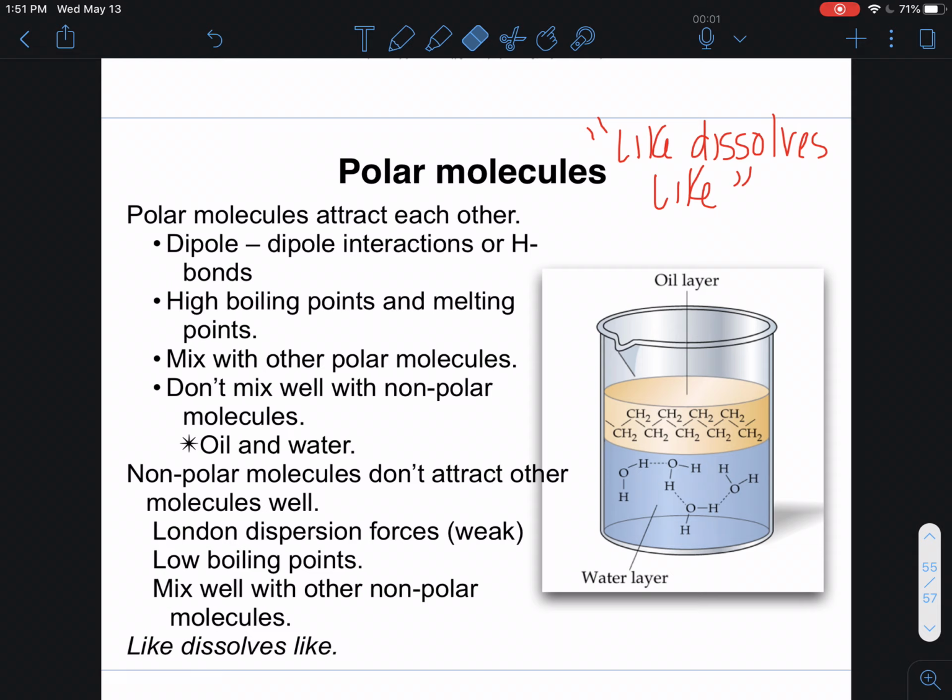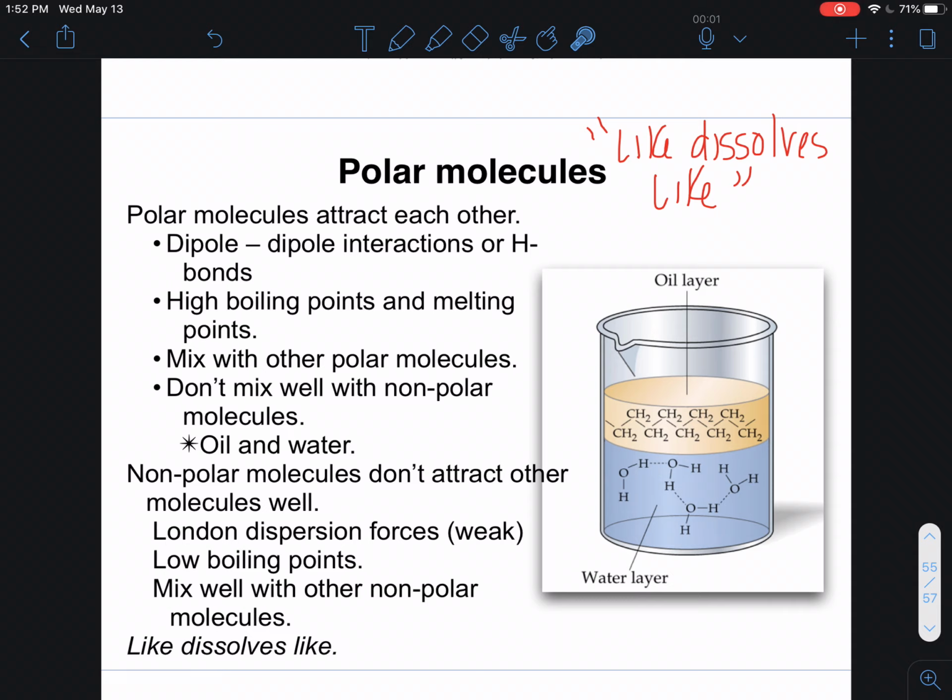All right, so that's why water dissolves ionic compounds. That's why we can mix water and ethanol together. Anything that's miscible or mixes in with water, that's because that substance has a similar polarity as water does. Water will not dissolve anything that's nonpolar.